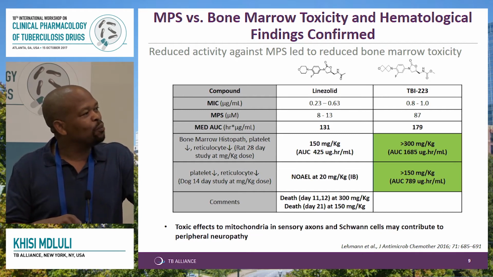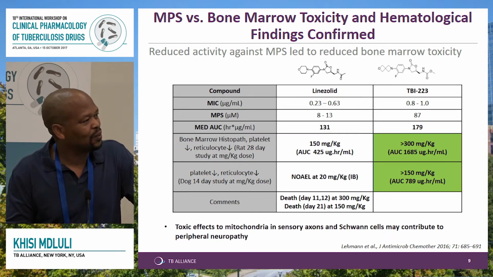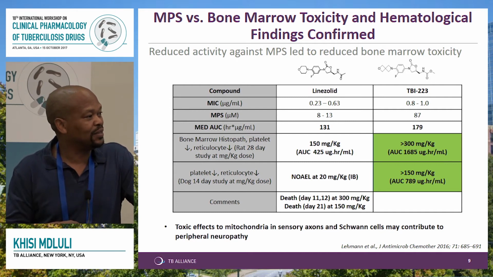But when we went to bone marrow toxicity, as looked at from these assays at 150 mg per kg for linezolid, you already had issues, all of these issues. You had bone marrow reticulocytes go down, platelets go down, and the animals were unhappy. Such that, for example, at day 11 and 12, animals dosed with linezolid at 300 mg per kg were dying, and all of the animals had to be sacrificed at about day 15.